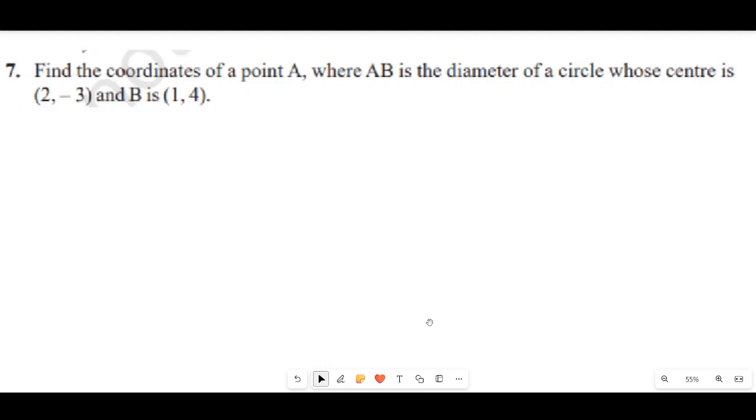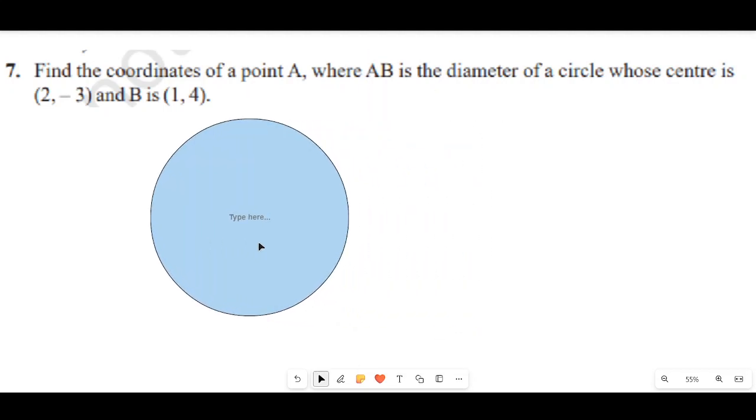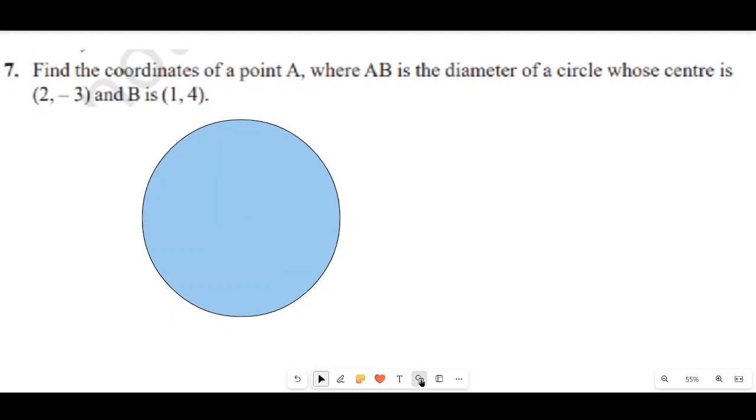Don't worry. First we should draw a circle. Clear? We have drawn a circle. Now there is a diameter. Suppose this is a diameter.